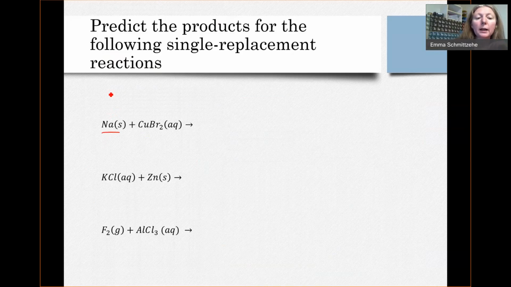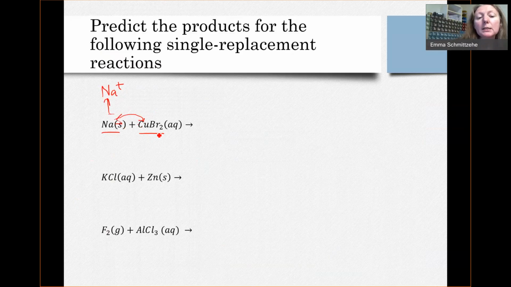When it forms an ion, it forms Na+. That ion can replace the like ion. This is a cation, so it can replace the cation in the ionic compound, meaning it's going to swap out with the copper. So these things are going to swap places.